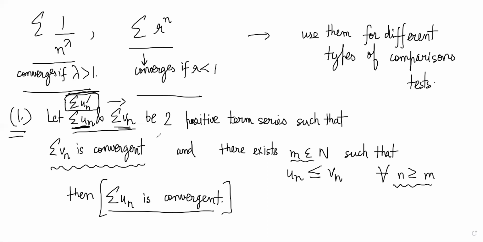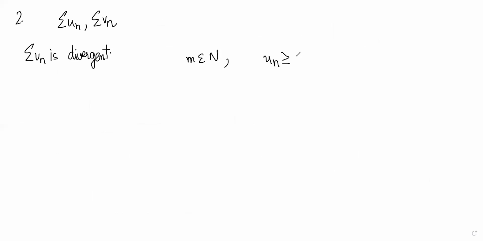Now, the opposite thing can also be said. You have two series, Un, Vn, and Vn is divergent. And you are saying there exists some m belonging to natural numbers such that Un is greater than Vn for all n greater than m.